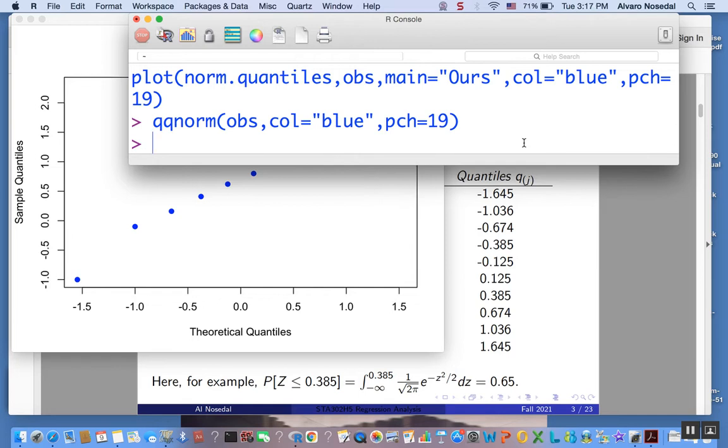Okay, so now next item in our agenda, we said that we were going to carry out a couple of simulations and see how those QQ plots behave when the normality assumption holds and when it doesn't. Okay, so let's carry out that simulation.